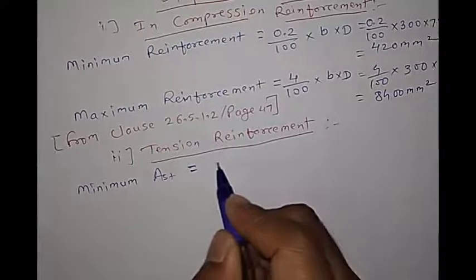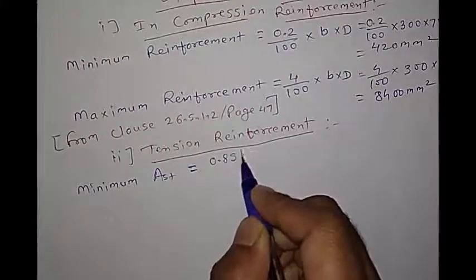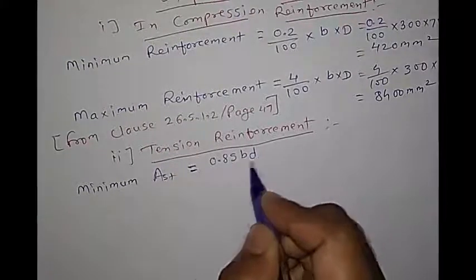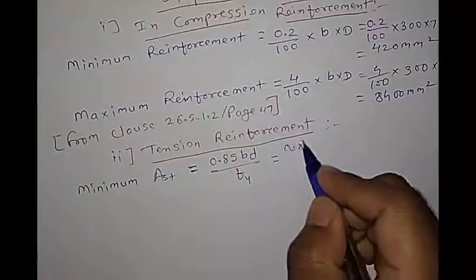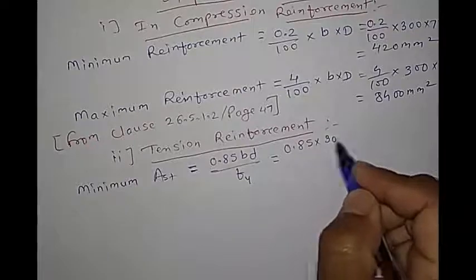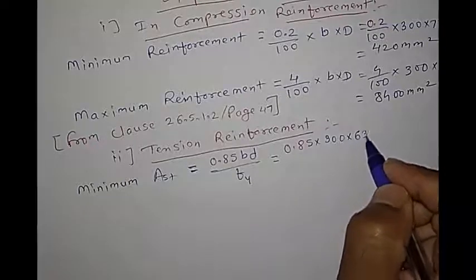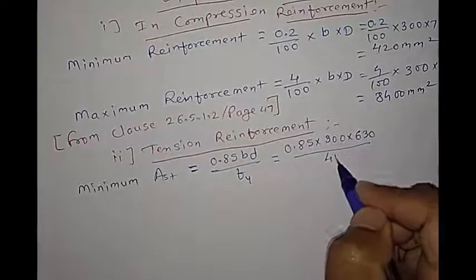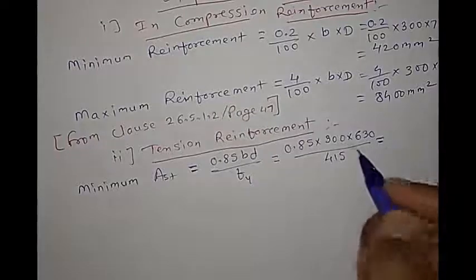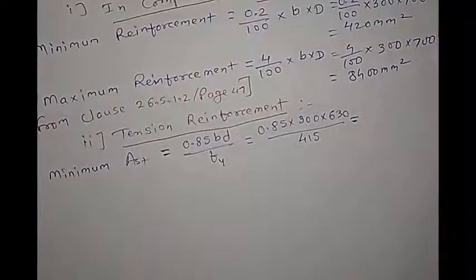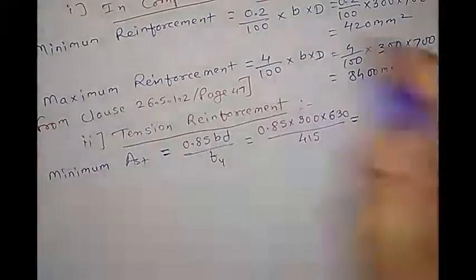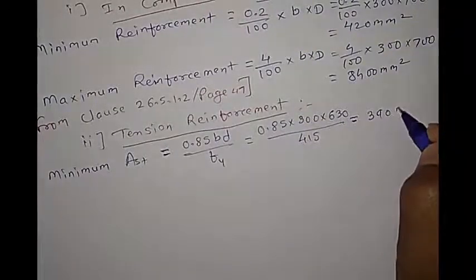You have this 0.85 BD divided by FY. So you got this 0.85 into, so you will get this around 390 mm square.